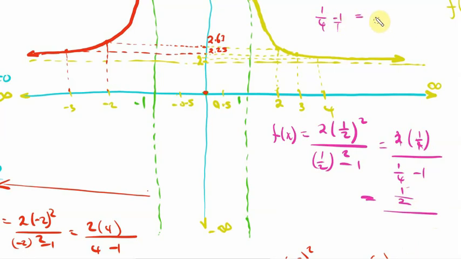1/4 minus 1, that is 1 minus 4 over 4, which is -3/4. What are we having here? We have 1/2 divided by -3/4.